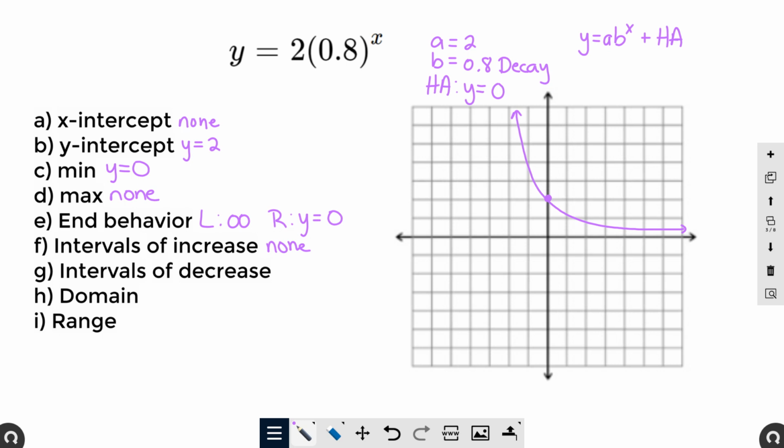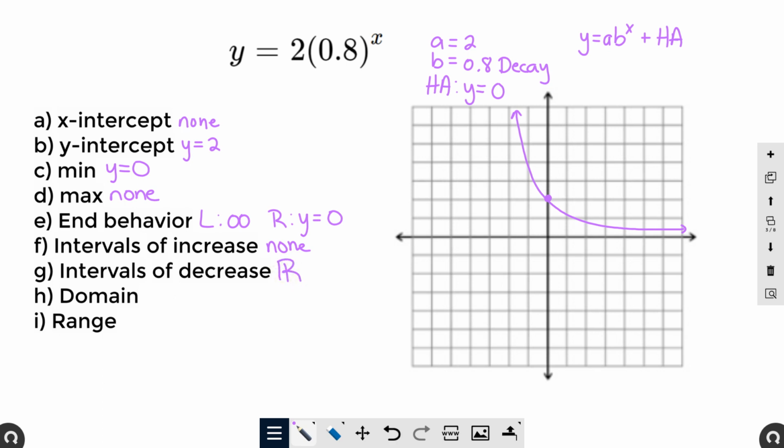So increases none. And then if I had to answer this as a question, for what values of x does the graph decrease? You would actually say all of them, right? The graph is decreasing everywhere. Where's the graph decreasing? It's always going down. So how do we say always? Infinity or all real numbers.